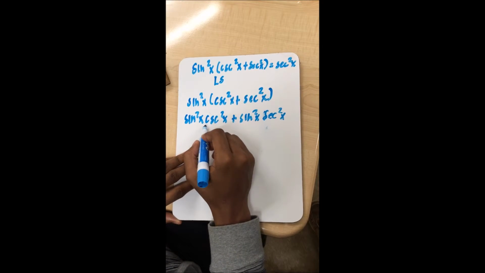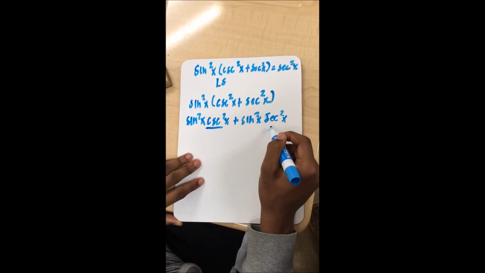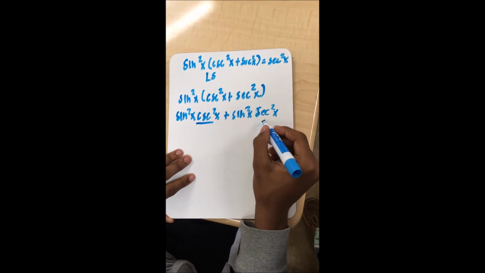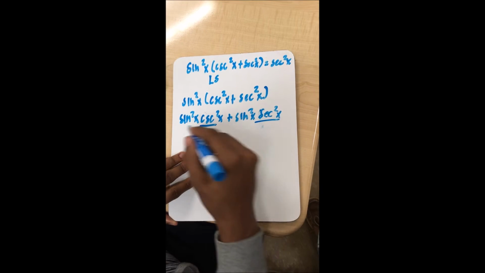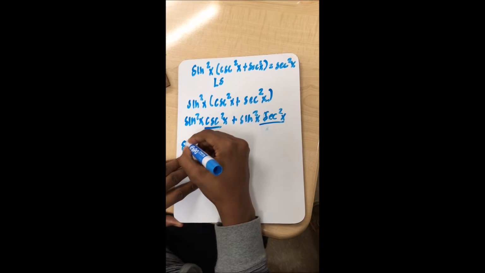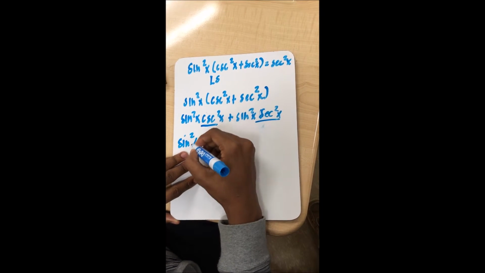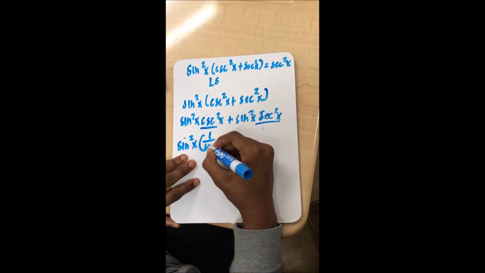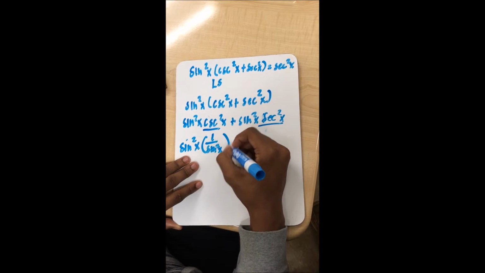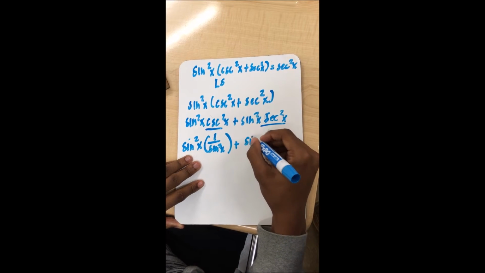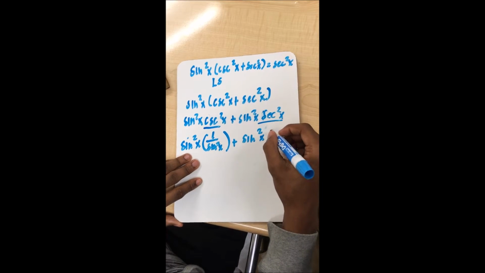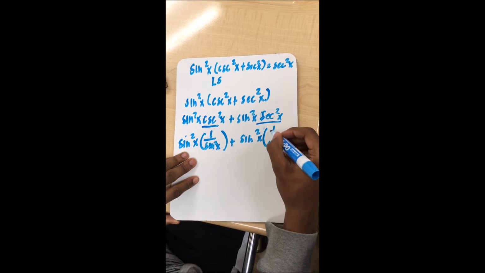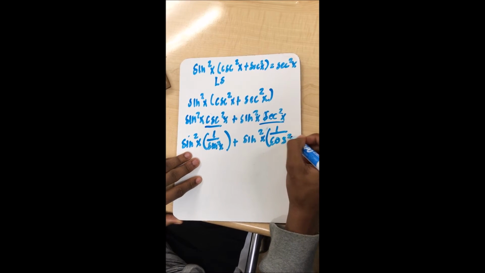Now we can change these to get sine squared x times 1 over sine squared x plus sine squared x over cosine squared x.